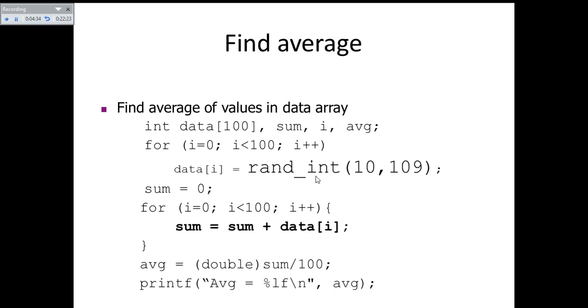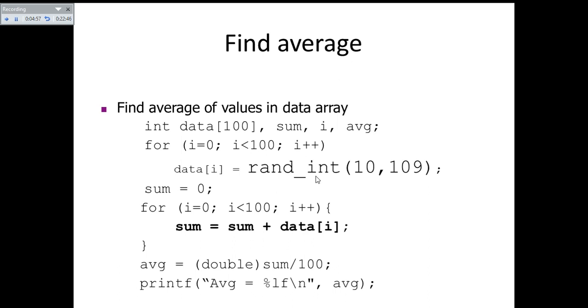Then our program is to find the average of the data array contents. So how you get the average is double of sum by 100, since the array has 100 elements, and the average logic is to divide the total by the number of contents inside your array.